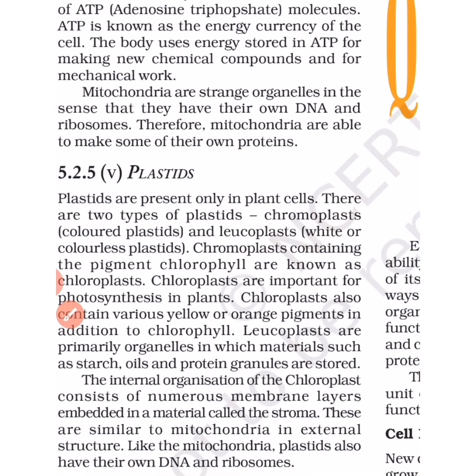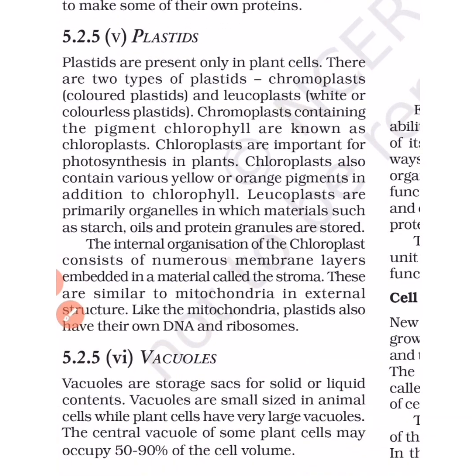So this is all about the plastids. Plastids are also semi-autonomous in nature because they also contain DNA. It is important to note that, like the mitochondria, they have their own DNA and ribosomes.